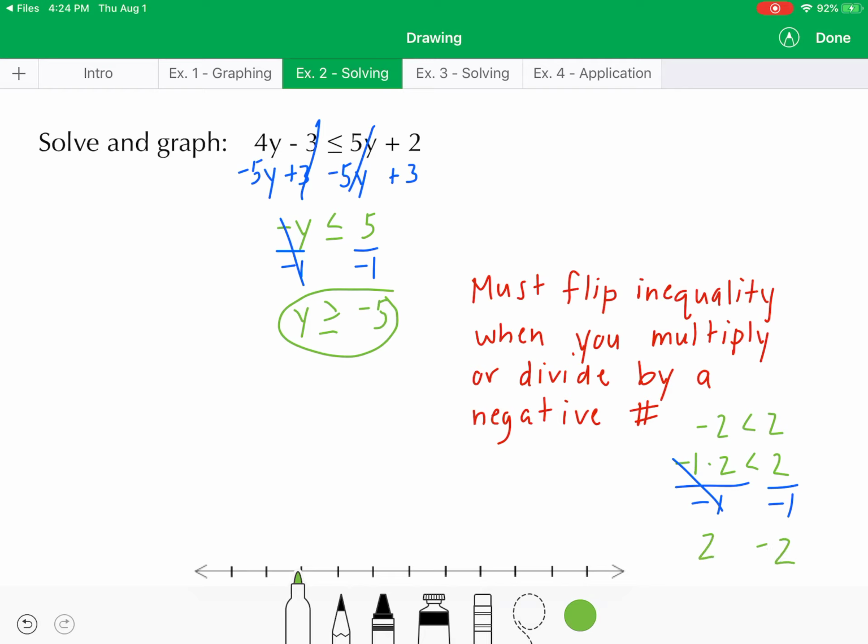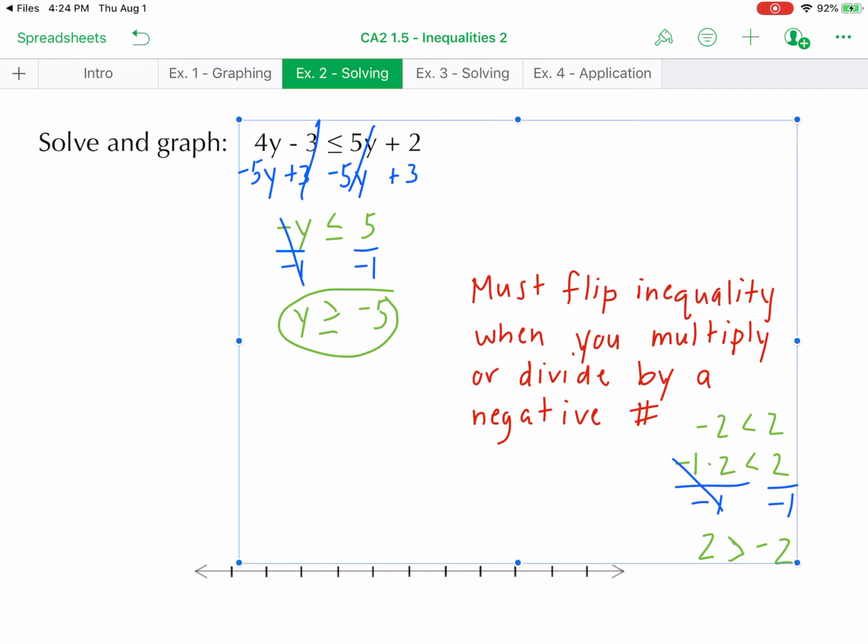If you just carry down the inequality symbol, you would have 2 is less than -2. That is not a true statement. You have to flip the inequality symbol for it to be a true statement. So there's your explanation as to why to flip the symbol when multiplying or dividing by a negative. All right, back to our solution here.